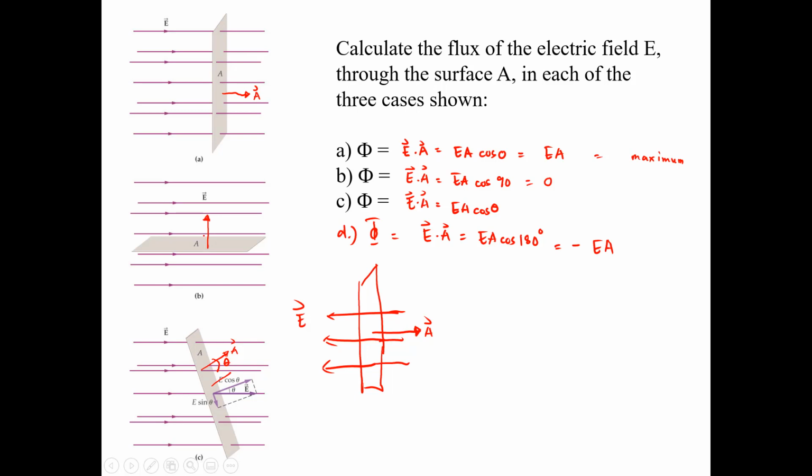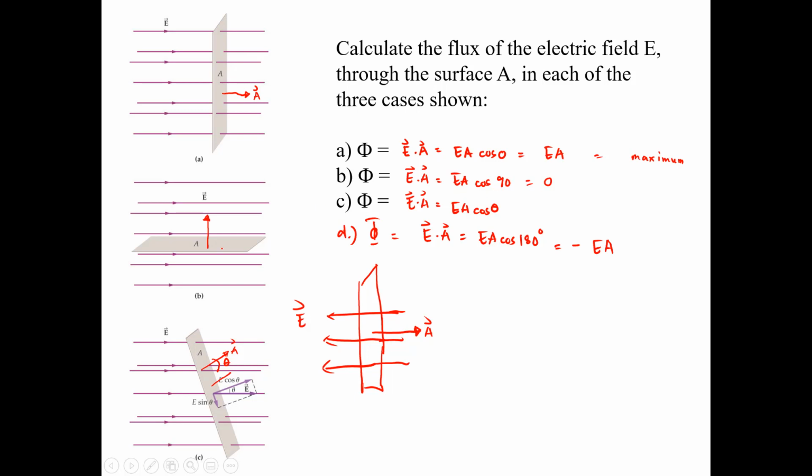This means that your area vector points upward here. So notice that your electric field vector and your area vector are 90 degrees apart. Therefore, you have E times A cosine 90 degrees that is equal to 0.